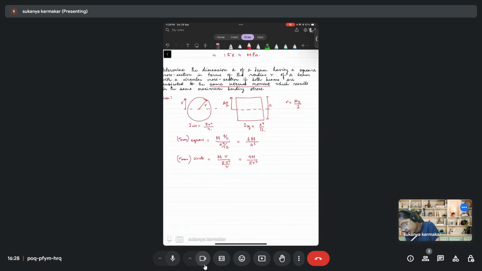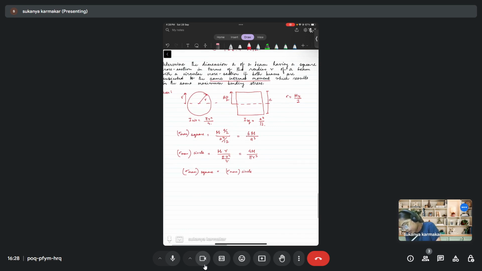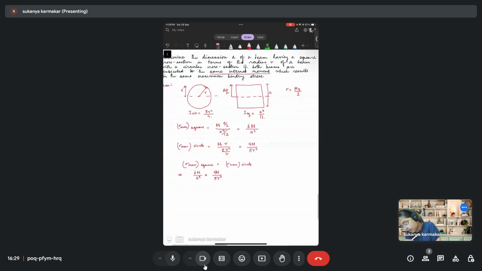In the question, the condition is that the maximum stress in the square is equal to the maximum stress in the circle. So 6M by a cube is equal to 4M by pi r cube. From here, a is equal to 1.677 r.